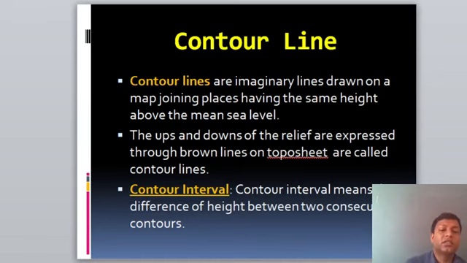Since it is a matter of height, from sea level to hilly level and mountain ranges, there are so many differences of height. When you take the difference of height between two consecutive contour lines, it is called contour interval. Like in statistics you understand class interval, like that, contour interval is the difference between two contour lines. Okay, I hope it is clear.